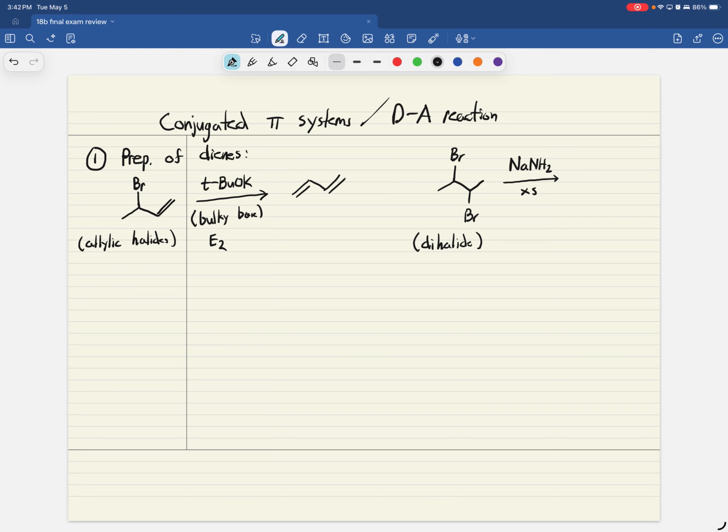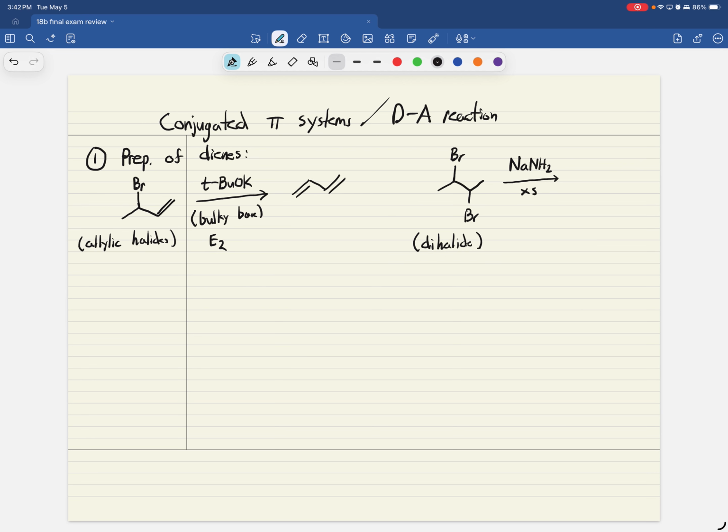And then you can't eliminate that anymore because you don't want to form two double bonds right next to each other. That's not common. So forming down the middle, you get a situation where now you have an alkene, now you have a proton source. So you could probably just go back and forth between the alkene and the alkane.